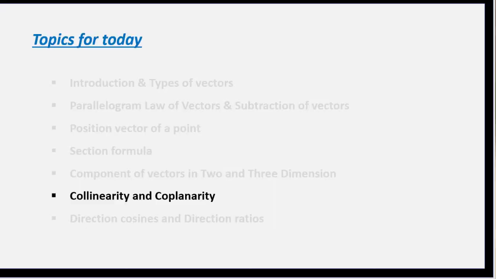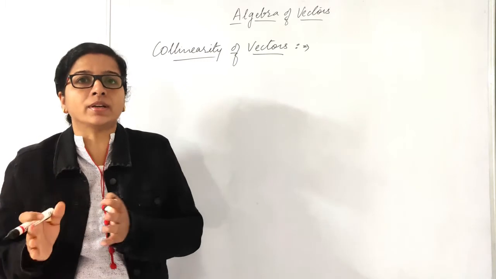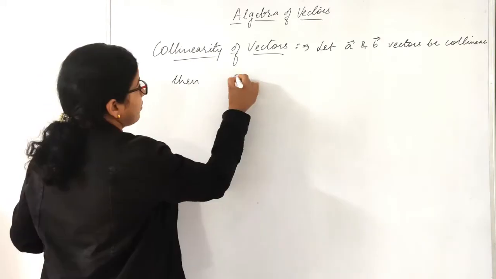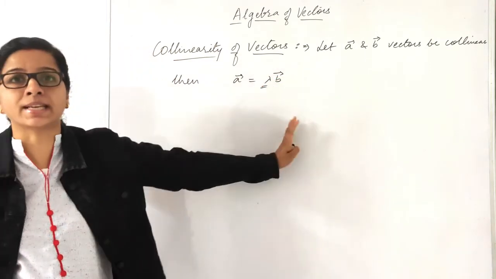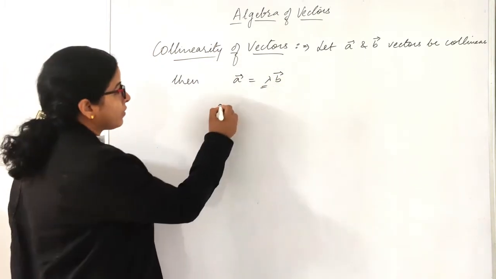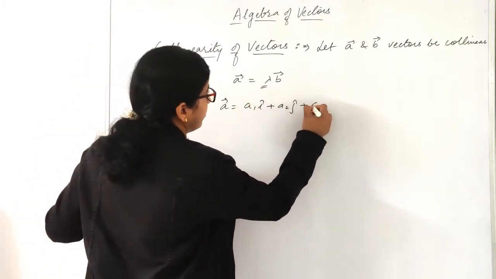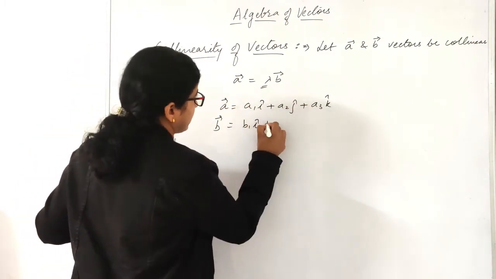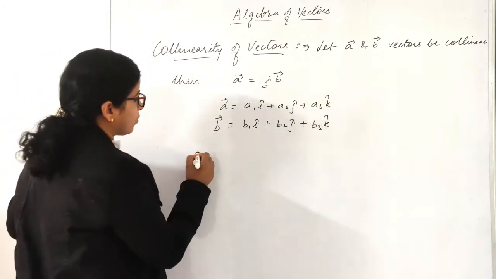So let us talk about the collinearity of vectors. If two vectors are collinear, then one vector can be written in terms of the other vector. A vector equals lambda times B vector, where lambda is some scalar quantity. Or, if I write the A vector in component form and the B vector likewise, and they are collinear, what does that imply?